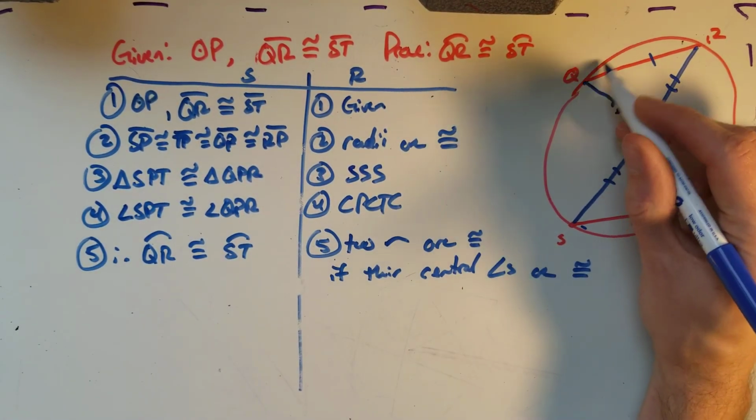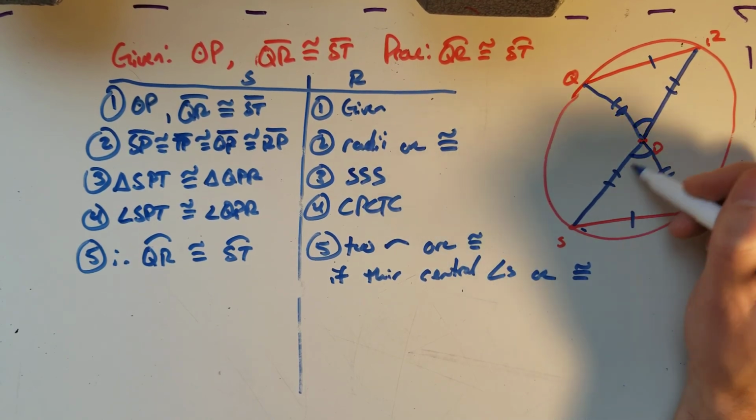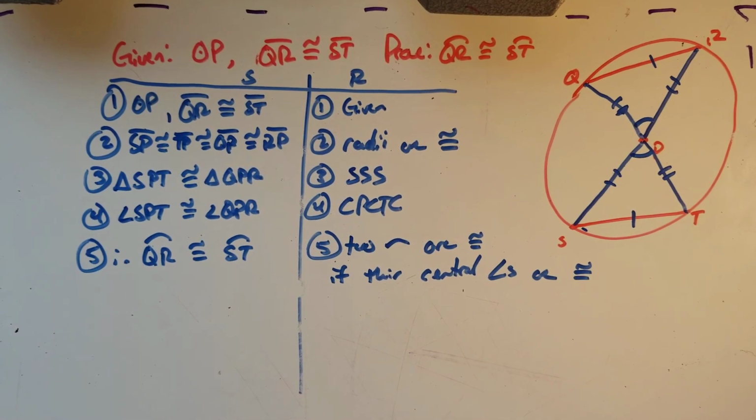So since arc QR's central angle is congruent to SPT here, that means ST and QR are going to be congruent. Alright, and that's our first proof of the day.